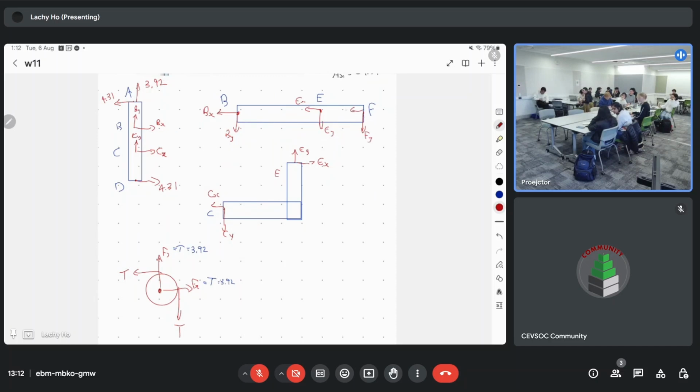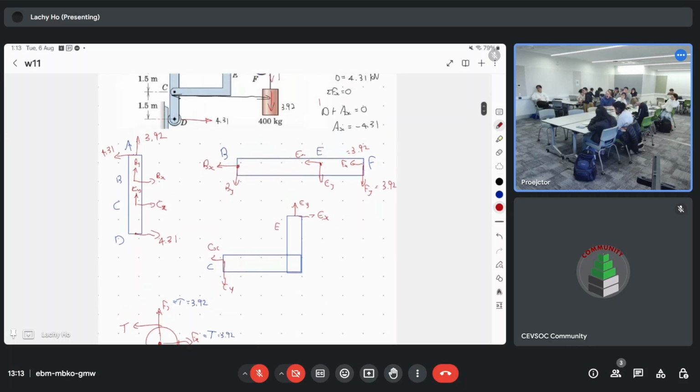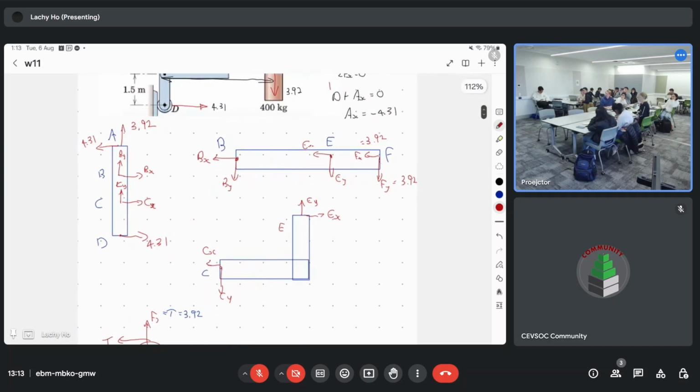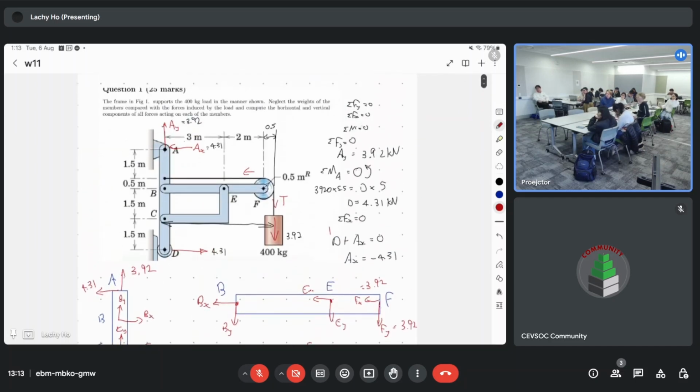So Fy, Fx, and I know the values now because I calculated them in this first diagram: Fy is going to be 3.92, Fx is going to be 3.92. So let's go about solving these equations now. I can use my 3 equations as I had before: moments, the sum of the forces in the x, and the sum of the forces in the y.